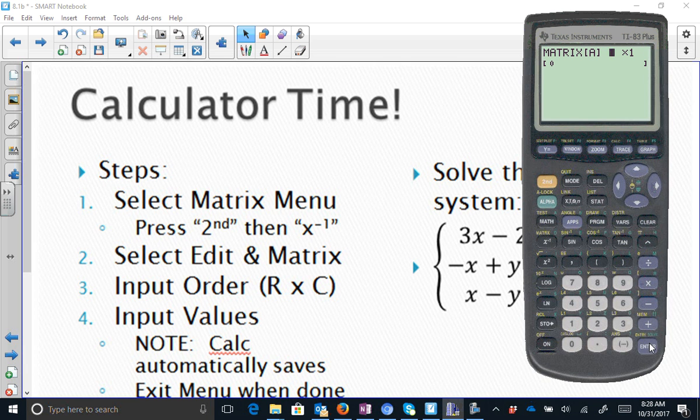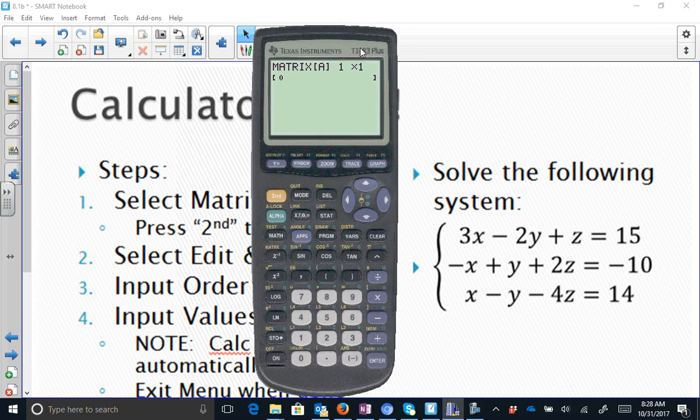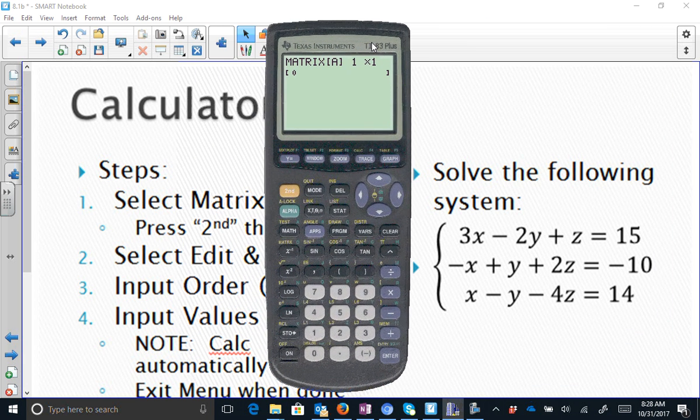So if you hit enter, it's going to ask you the order of the matrix. If we're going to solve this 3-variable system, what order are we going to put in? 3 by 4, there are 3 rows and 4 columns. So then what you're going to do is row by row, you're going to enter in these numbers.